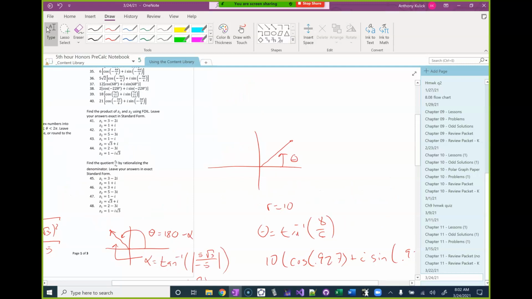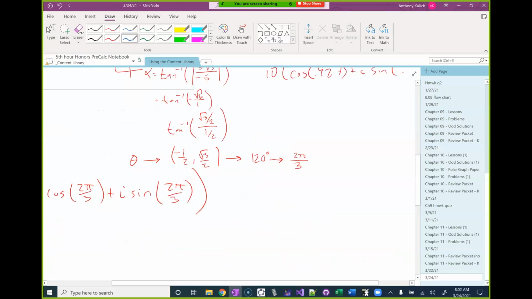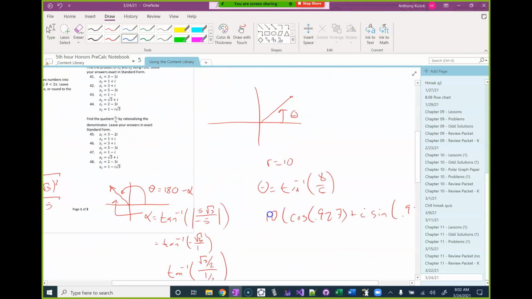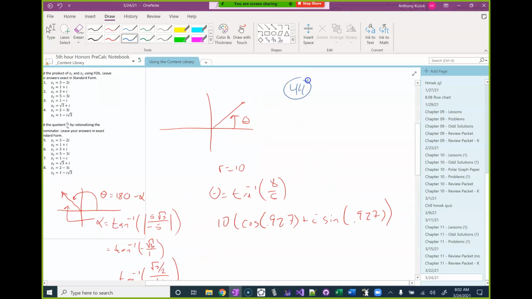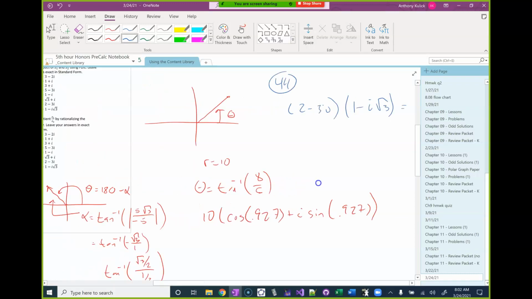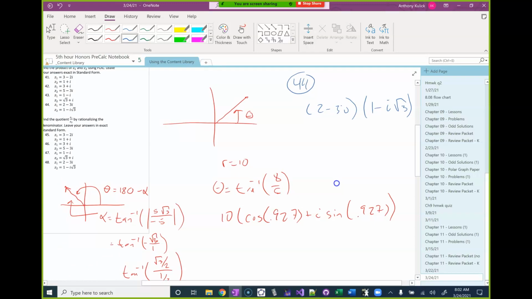The product using FOIL, and then leave our answers in standard form. Okay. My goodness. 44. So I have 2 times 1 minus i square root 3. And it wanted my answer in standard form, is that right?